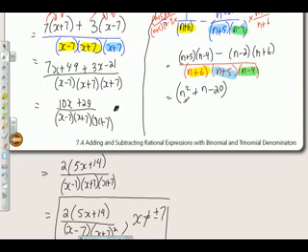I'm going to put those in brackets, minus. Put these ones in brackets, n squared. We got a 6 and a negative 2, so plus 4n minus 12 over n plus 6, n plus 5, n minus 4.